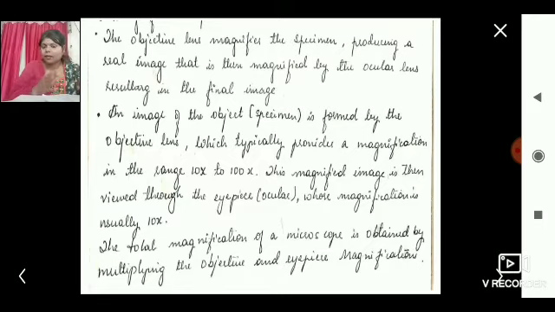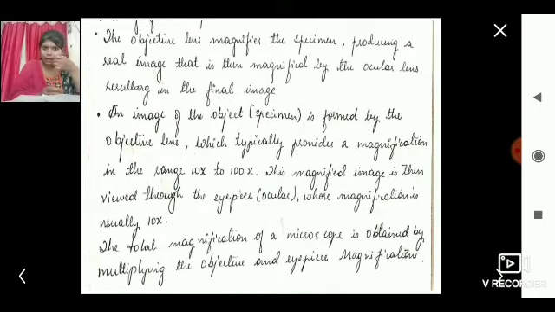It can vary: you have a 10x and a 45x objective lens, the ones which you rotate and fix. You focus at 10x, you focus at 45x, and you also have 100x. So 10x, 45x and 100x is the range of the objective lenses. This magnified image is viewed through the eyepiece.